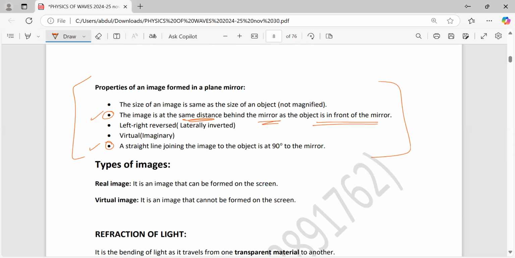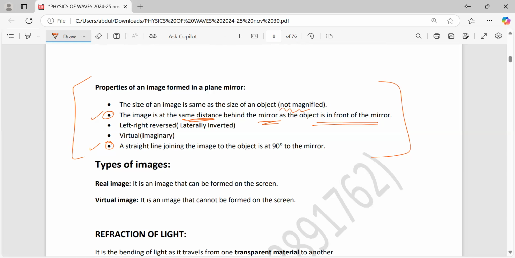On the other side of the mirror, it will be smaller than your face. One side shows a larger face, the other side a smaller face, not the actual size. Even if the surface of that mirror is plane, it's not a plane mirror, because in a plane mirror, the size of the image is the same as the size of the object. It is never magnified. So this is the first point, very important.